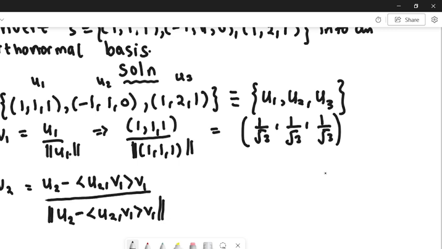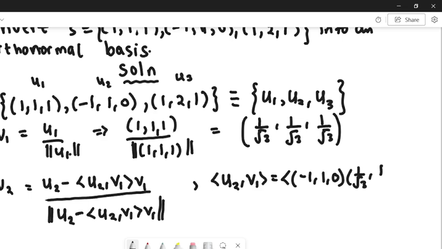So our first step here is to find the inner product of U2 and V1. U2 is (negative 1, 1, 0). V1 is (1 over root 3, 1 over root 3, 1 over root 3).